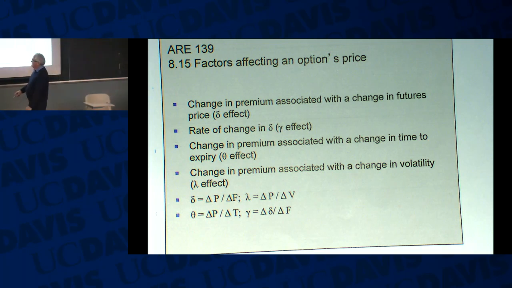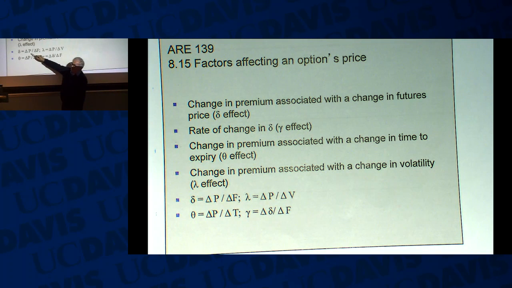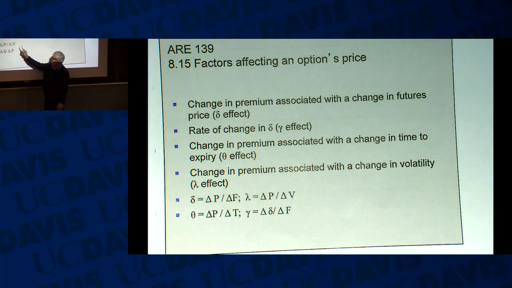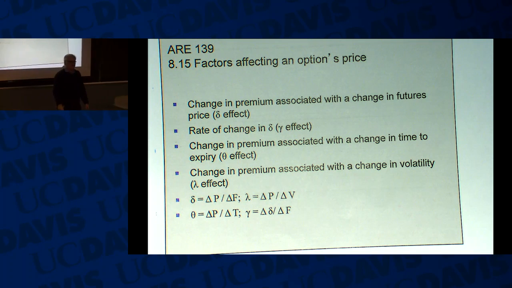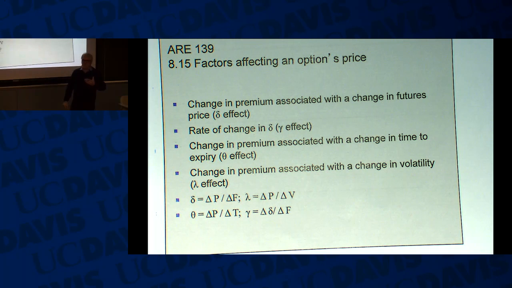The delta tells us how the premium, P is the premium price, changes when the futures price changes. If the futures price changes, the premium will change. The lambda tells us how the premium changes when the volatility changes. If volatility goes up, all premiums will rise.